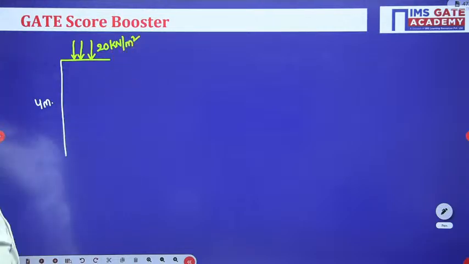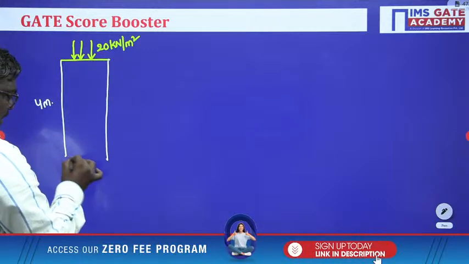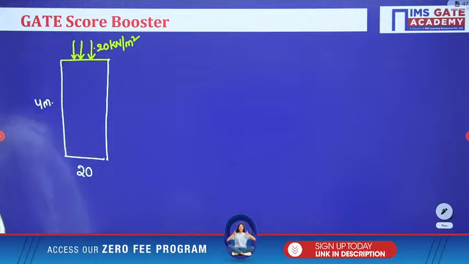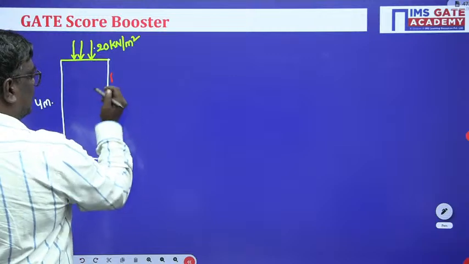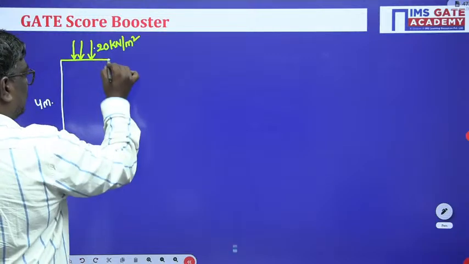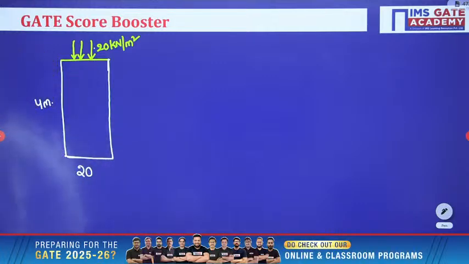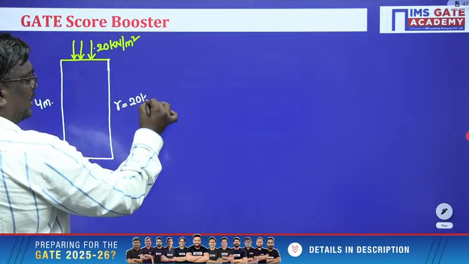Due to the surcharge, the vertical stress distribution will be the same, 20 at top and 20 at bottom. Now the unit weight of soil is given as 20 kilonewton per meter cube.